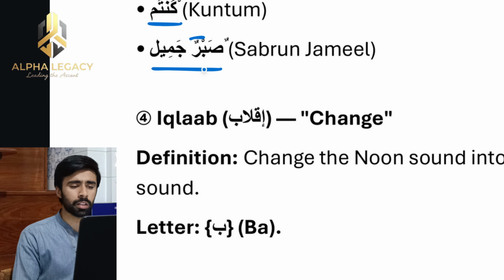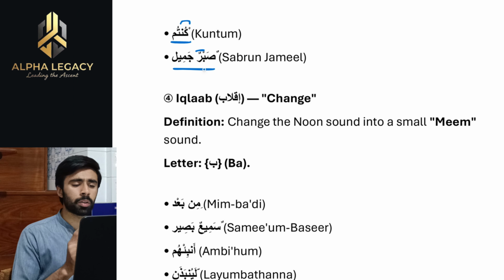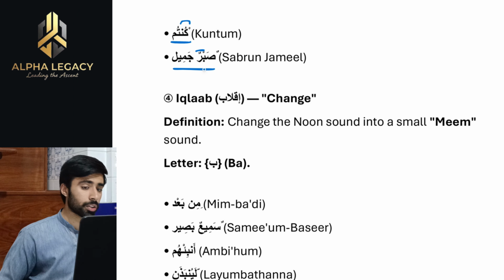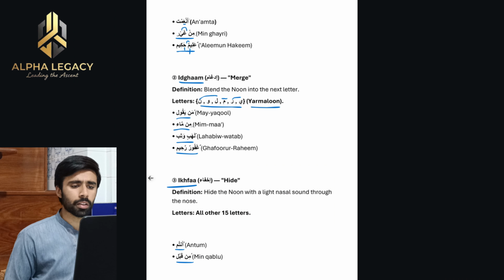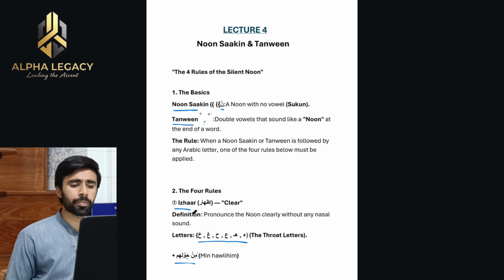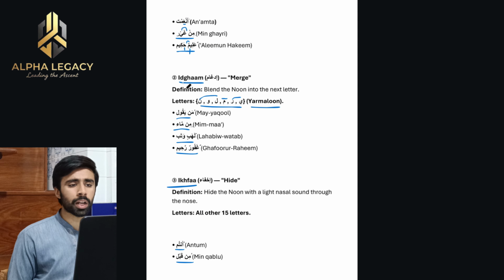When we pronounce the tanween, the noon sound will be pronounced and it will go in our nose. But on which letters do we have to perform ikhfa? Other than the letters we learned in the first part, izhar, which are the 6 throat letters, and in the second rule, idgham, the letters yarmalun, which are also 6.